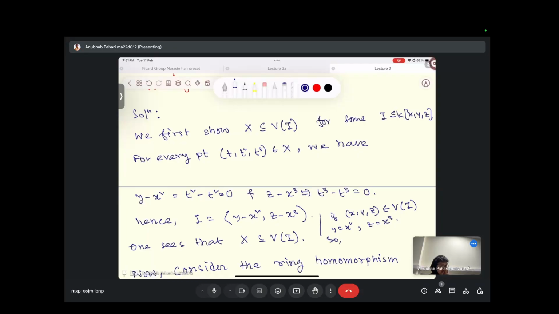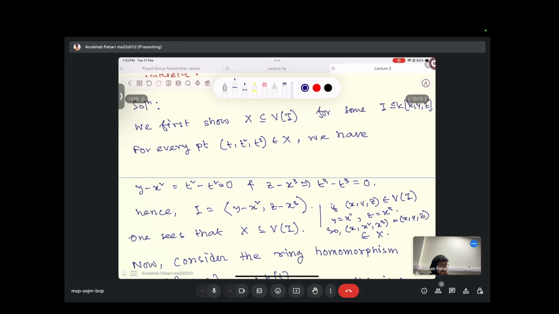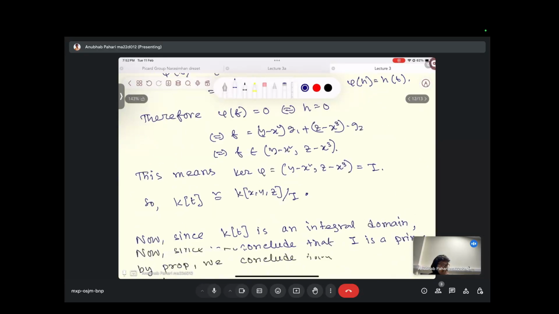So (x, x^2, x^3) is of this format, which belongs to X, which is of the form (t, t^2, t^3). So your X equals V(I). Now I think we are done.